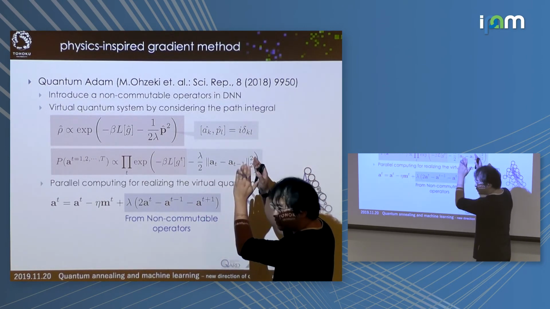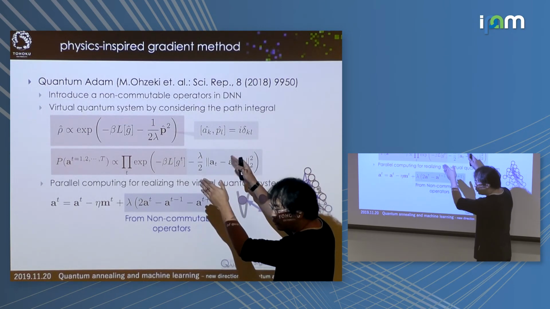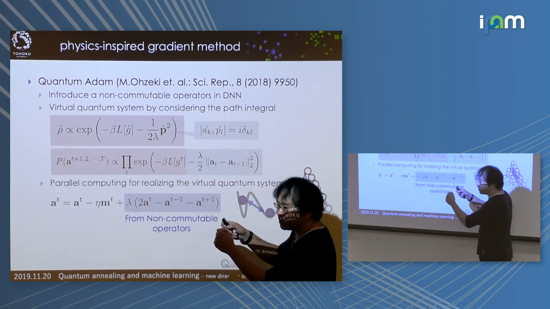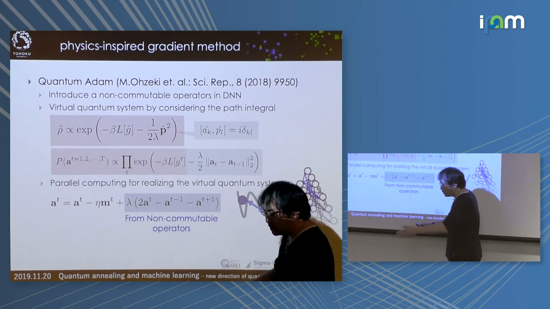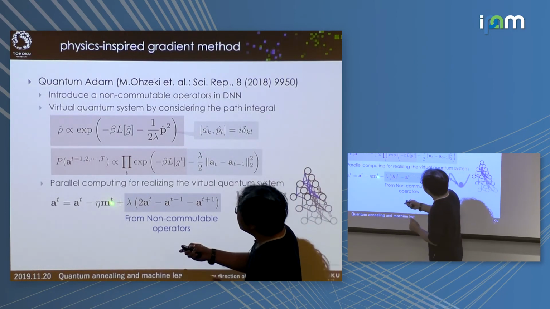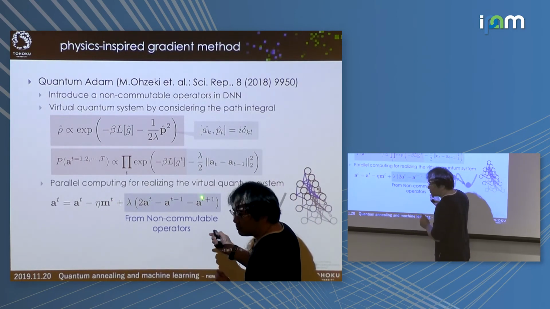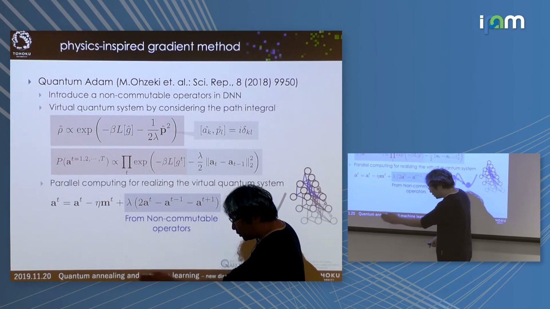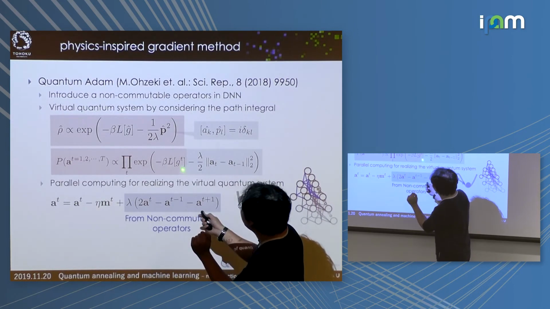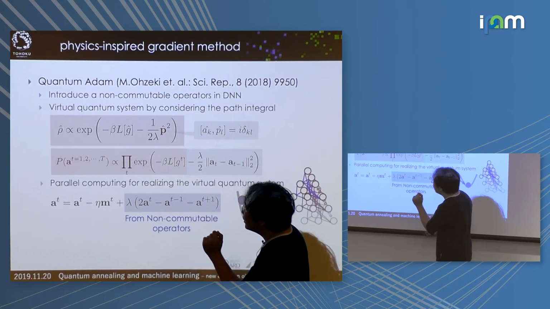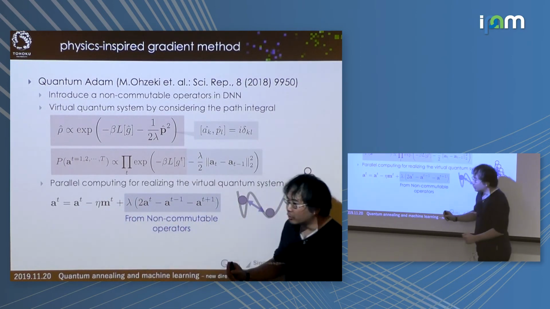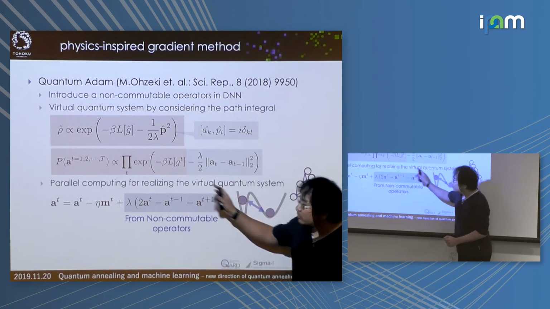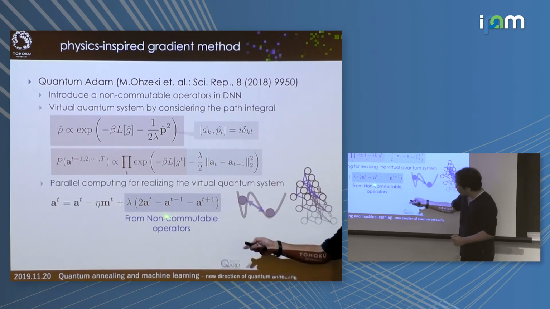But originally it is a quantum system, so we consider the path integral representation. We introduce imaginary times, in some sense replica copies of the neural networks, denoted by the t's. And what is M? M is the gradient of the loss function. So here is a standard gradient descent with a non-trivial effect from the quantum fluctuations.